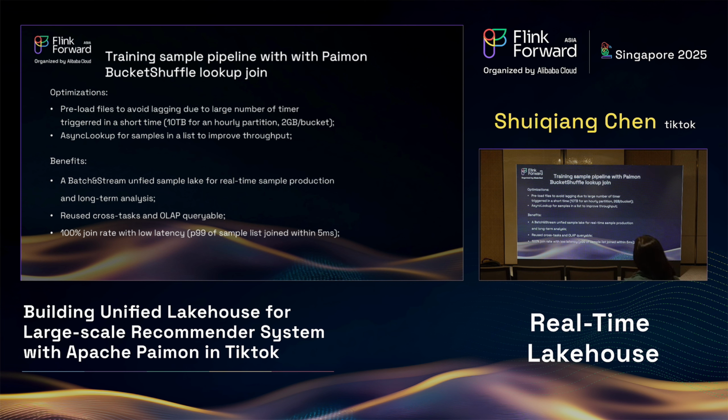And there are some optimizations for the training sample pipeline. First, we can see the time window spans 12 hours, so we can build up the local query table for some unchanged partitions early, before the window is triggered, to avoid downloading too many files due to a large number of timers triggered in a short time.